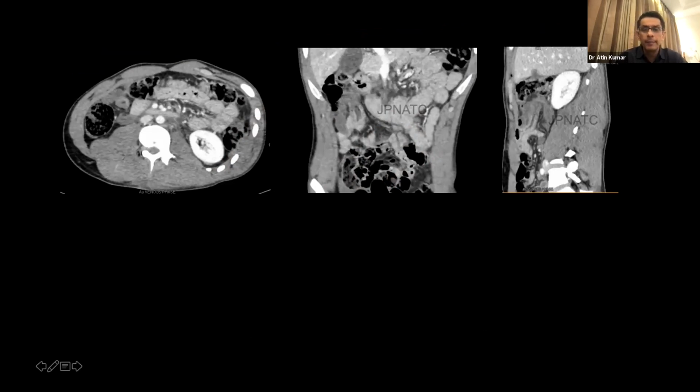Showing you another example. In this particular case, we saw that one of the bowel loops was gangrenous, not showing enhancement. Part of it was showing enhancement. Then there was an abrupt change in the enhancement. So we knew that in this case with pneumoperitoneum, this is the loop which is most likely perforated.